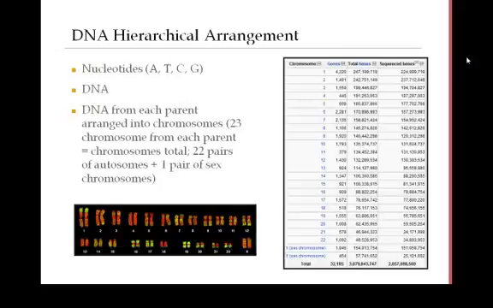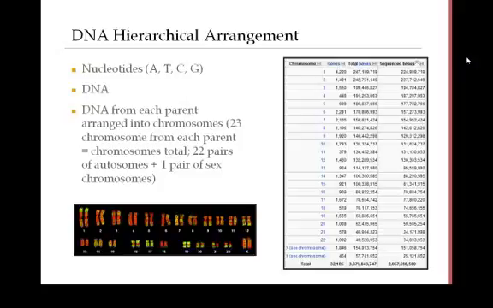And then that is ultimately, in humans, organized into more complex structures known as chromosomes. The DNA from each parent is arranged into chromosomes. There's 23 chromosomes from each parent: 22 pairs of autosomes, which are just regular general body chromosomes, if you will, and 1 pair of sex chromosomes.